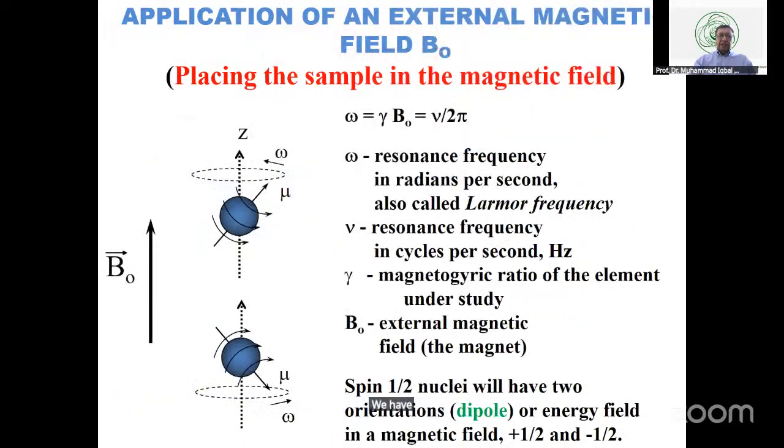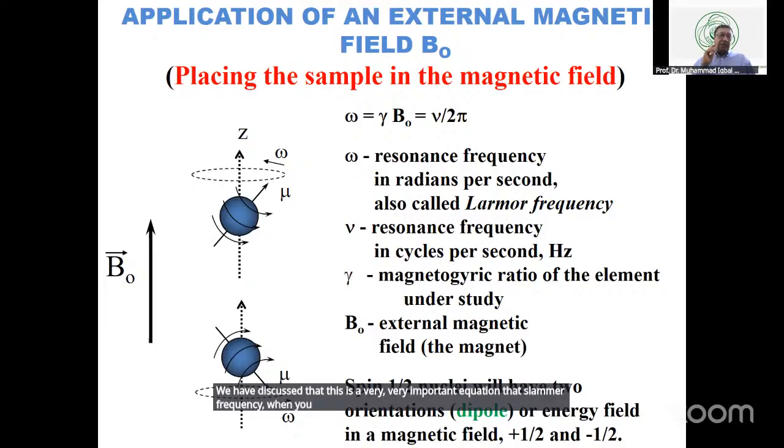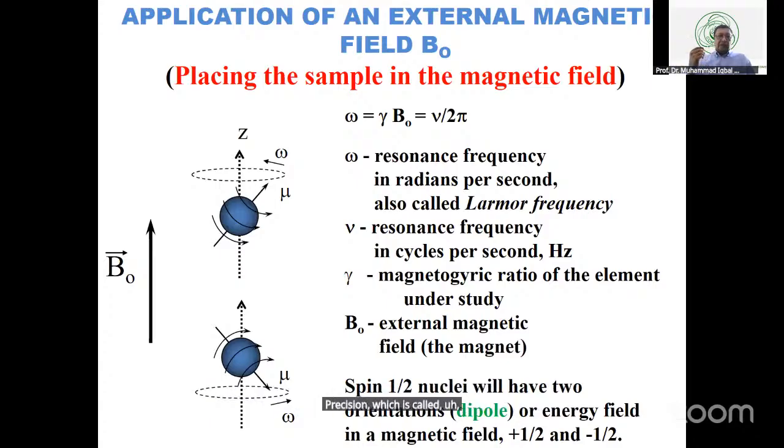We have discussed a very, very important equation, the Larmor frequency. When you place them in the magnetic field, two things happen. They start precessing, which is called Larmor frequency or precession frequency. And the other, as I explained, is that they are divided into two energy states.